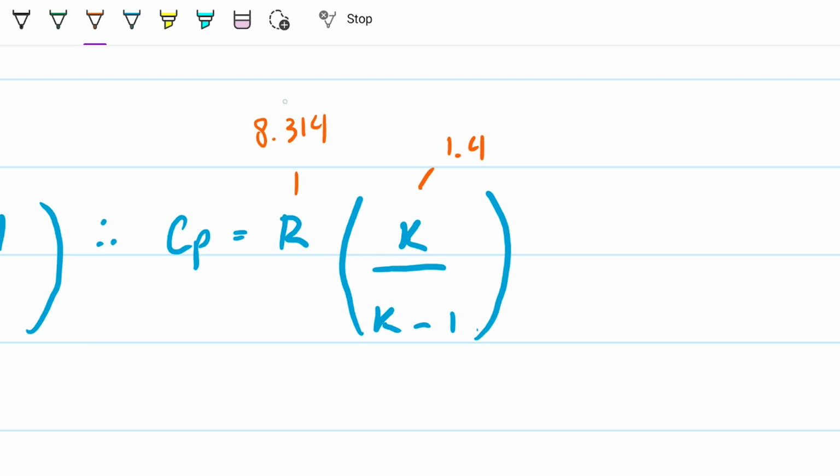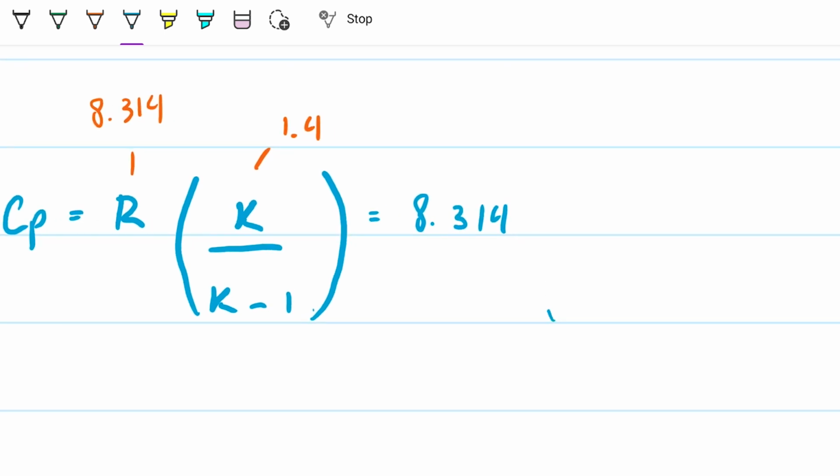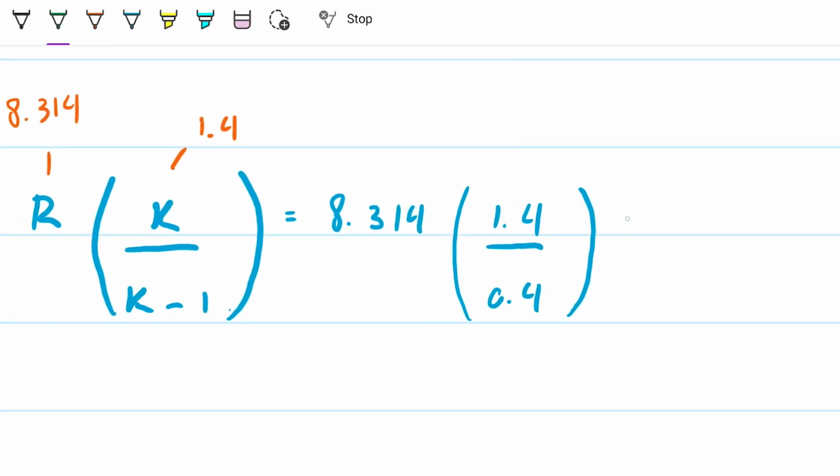So as long as this is the right unit, I can relate these numbers, and that's going to be 8.314 times 1.4 over 1.4 minus 1, which is 0.4. And unit-wise, I have joules.